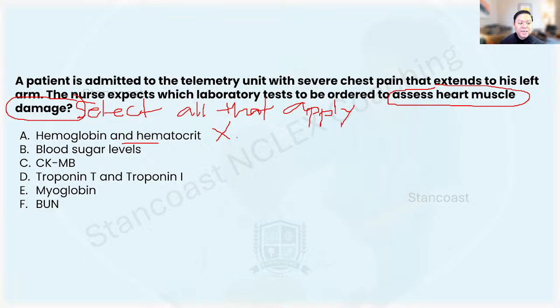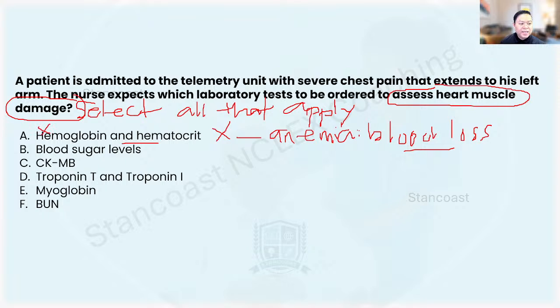So we're only going to use this diagnostic test in order to assess anemia, maybe caused by blood loss, or maybe polycythemia, wherein there is excess RBC. There's way too much. The blood is so viscous, but it doesn't detect the heart damage.